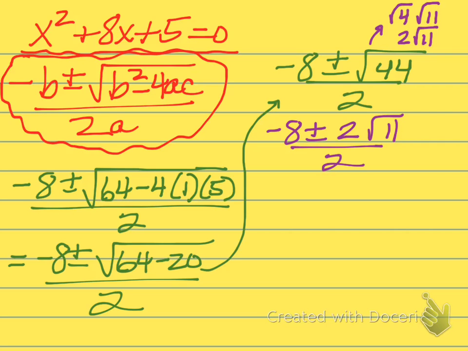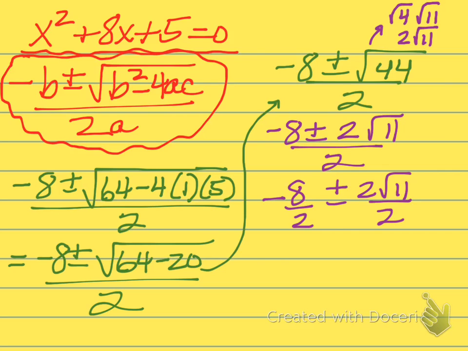Now, we're not at a point where we're matching our answers yet, but we can take this one big fraction and separate it into two smaller fractions. So let's write this as negative 8 over 2 plus or minus 2 radical 11 over 2. Now we can simplify each one of those.